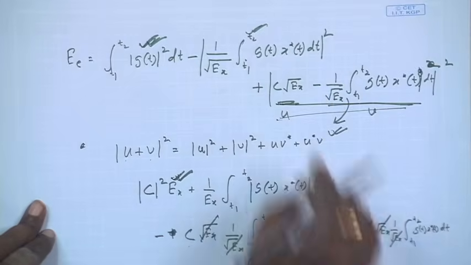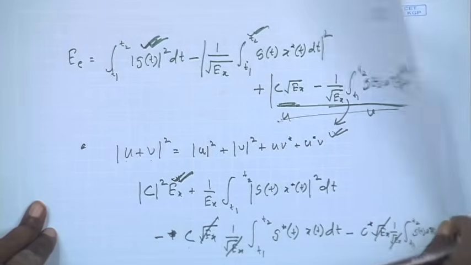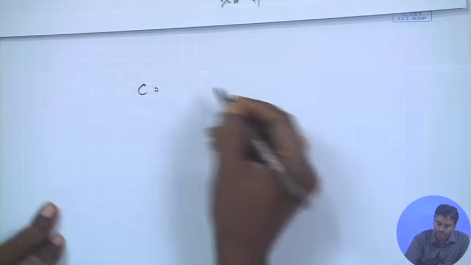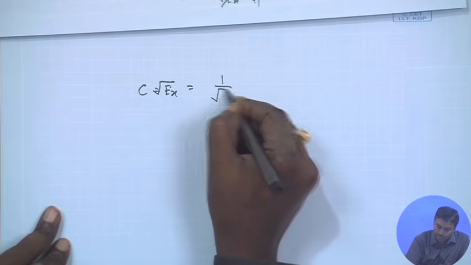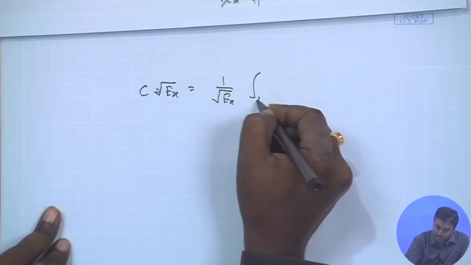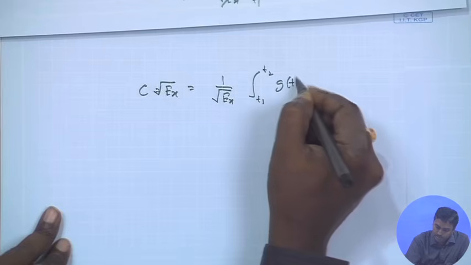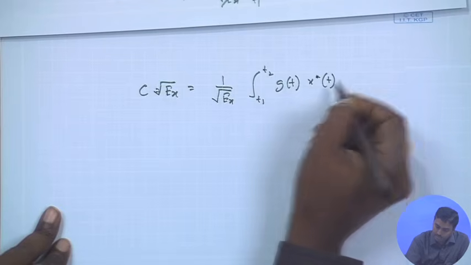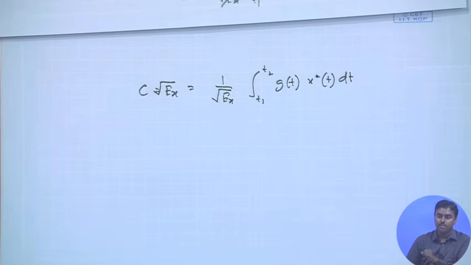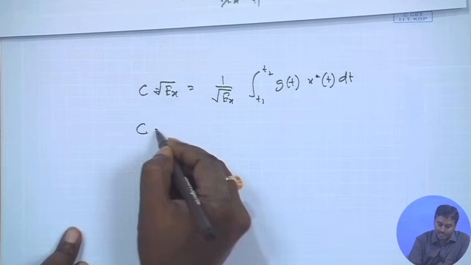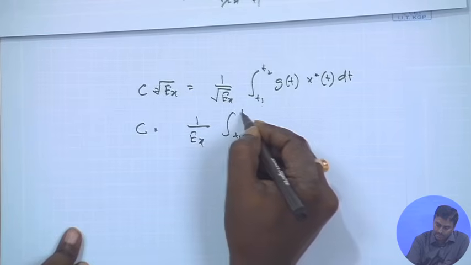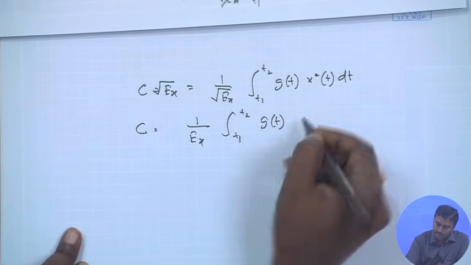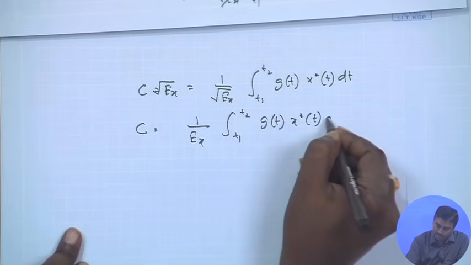So, whenever I put this particular part 0, immediately what do I get for my C calculation? So, C Ex must be equal to the integral from T1 to T2 of g(t) x*(t) dt, right. So, that must be the case. Immediately I can evaluate C, that is actually 1 by Ex times the integration from T1 to T2 of g(t) x*(t) dt.